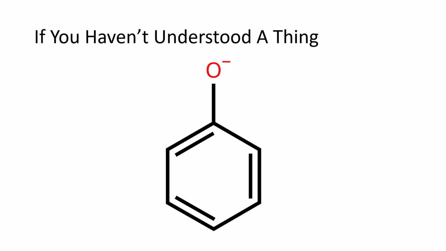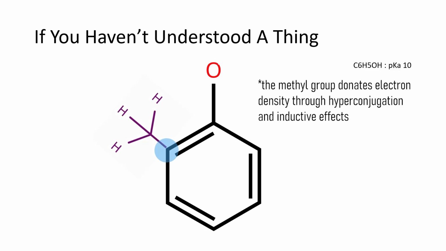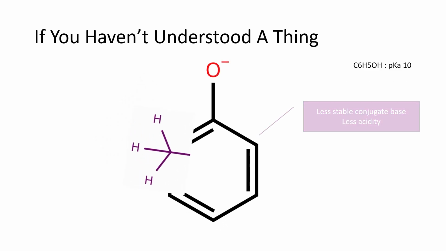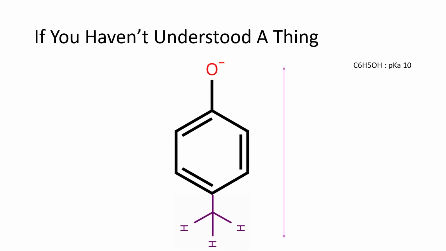Okay. Now in the first case of the ortho position, the donating group sits right next to the electron. So the electron gets absorbed and now it's less stable, which means that it's less acidic. Now in the second case, in the para position, the donating group is a bit far, which makes the electron have more time to move around freely, but it will get absorbed eventually.